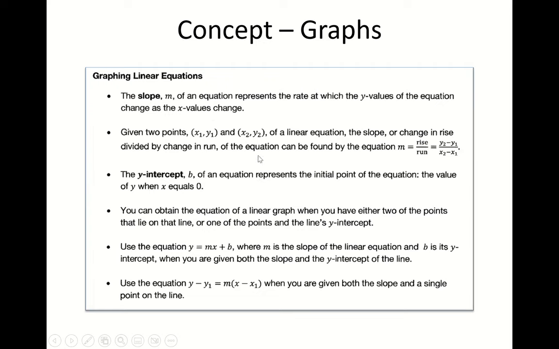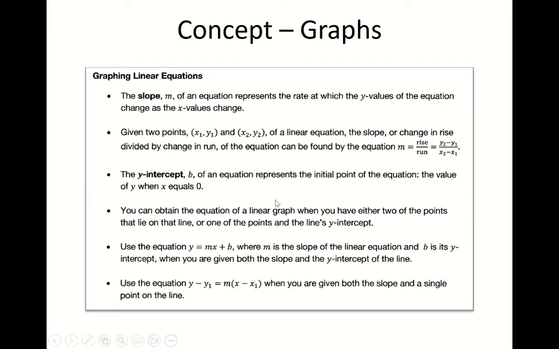And then you also want to look out for the y-intercept, which is called b in this case because of how the most commonly written format is. The most commonly written format is y equals mx plus b. Sometimes you may see y equals mx plus c, but the point is that constant number that's being added to the end is your y-intercept.